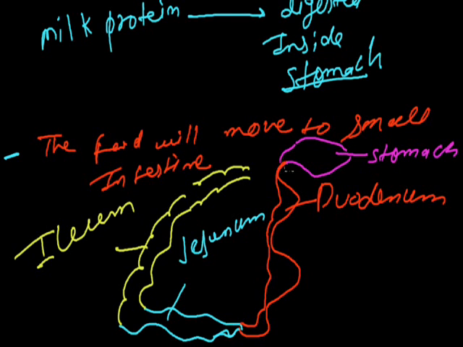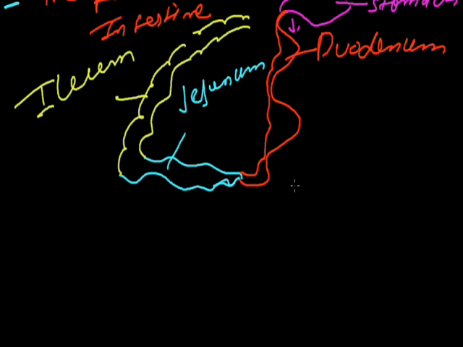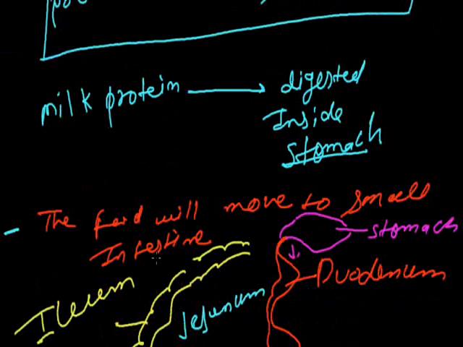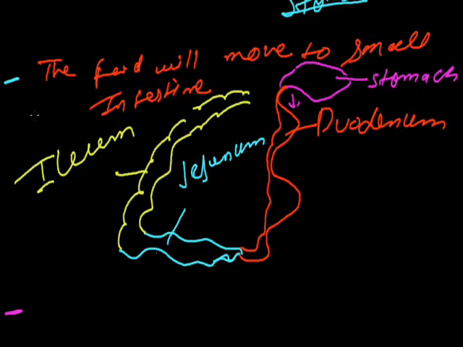From the stomach, food moves first to the duodenum. Whenever food enters the duodenum, I repeat, first the medium will convert, and it will convert into a basic medium.